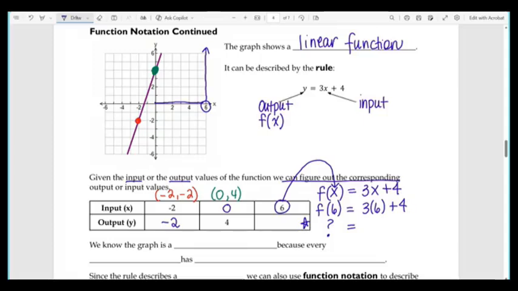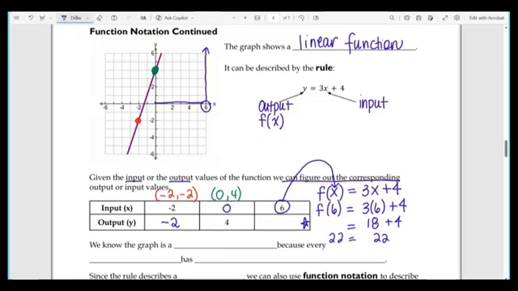Well, 3 times 6 is 18. 18 plus 4 is 22. So my y value is 22. So this coordinate would be 6, 22. And again, I can't plot it on the graph because it goes off.